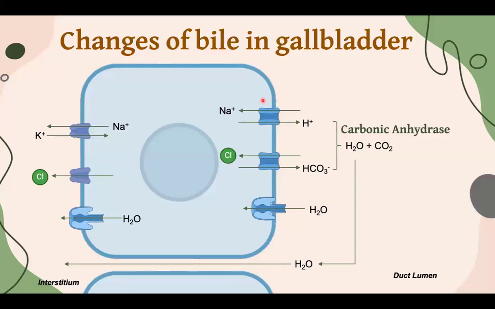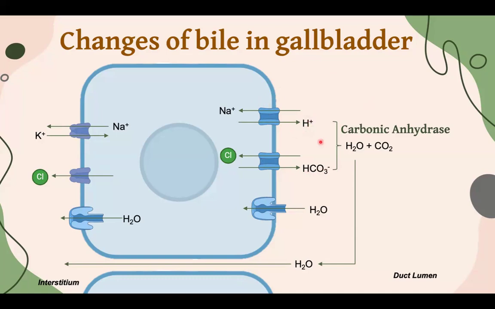How does it do that? These sodium-hydrogen exchangers are present in much larger numbers than the chloride-bicarb exchangers. So you'd have a higher concentration of hydrogen ions in the lumen. This makes bile more acidic.